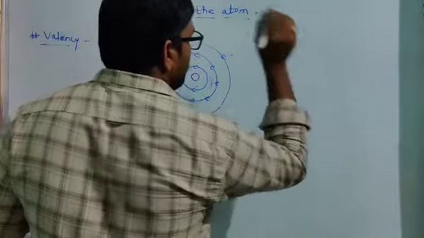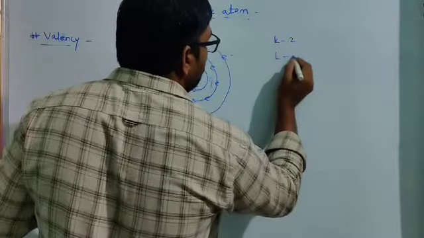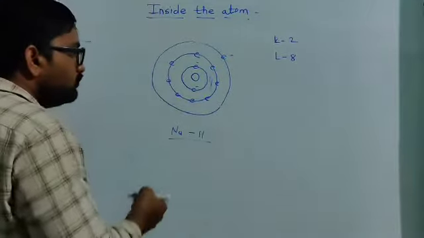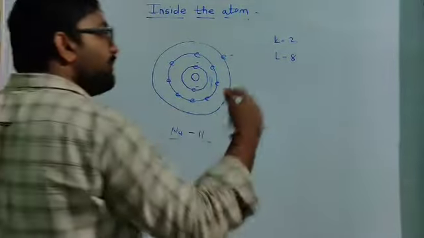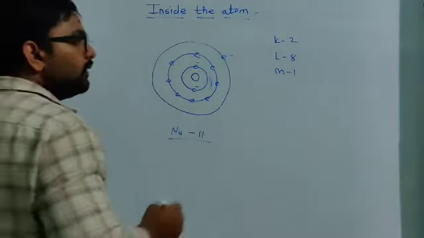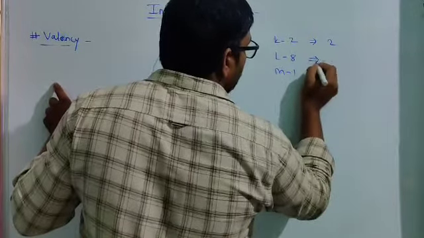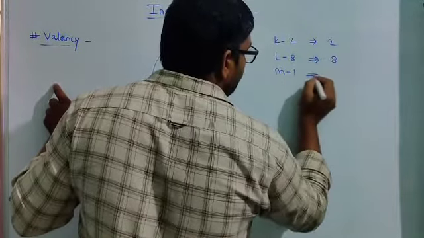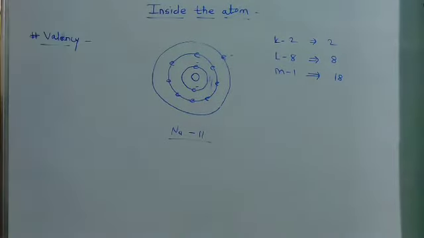In the K shell there are 2 electrons, in the L shell there are 8 electrons, and now 1 electron is present in the M shell. We know the maximum capacity of the K shell is 2, of the L shell is 8, and of the M shell is 18.